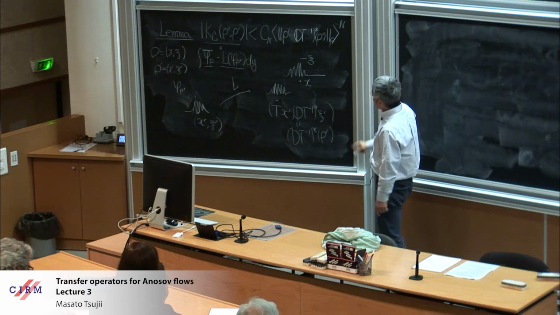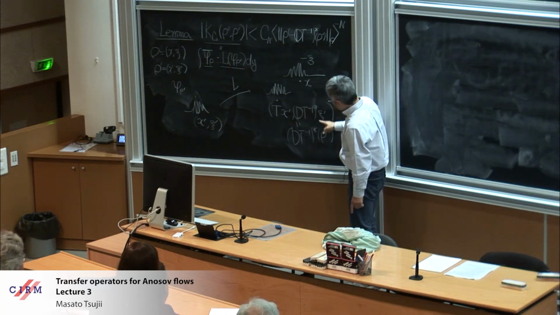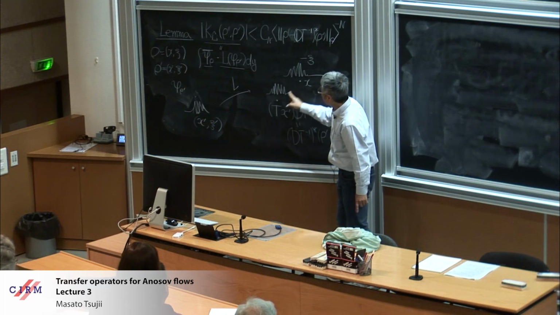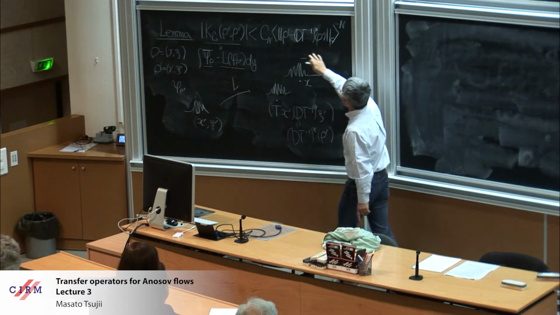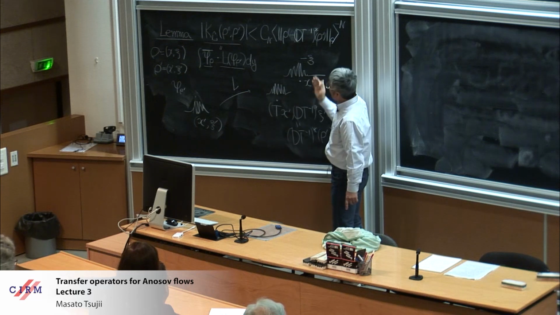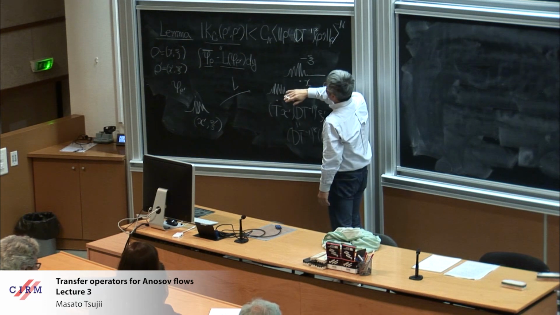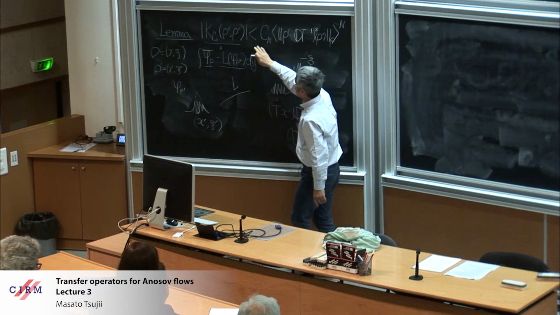For example, if x and tx dash are far away with respect to this distance, then there is no interaction. Basically, they are separated, so we see that this is small.